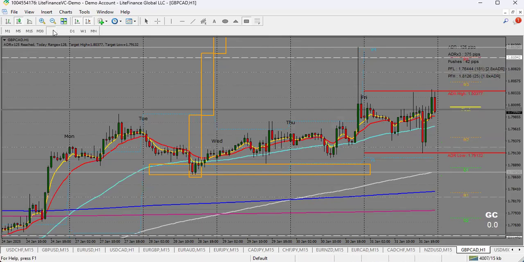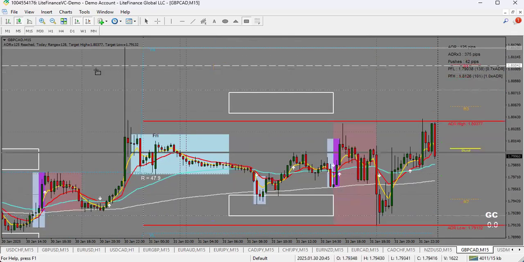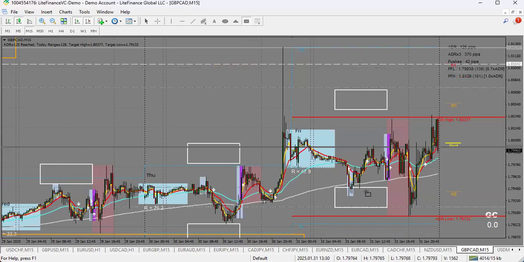So what to anticipate here? We're looking at a level where the market might retrace before continuing going up. This is the previous day London session low.